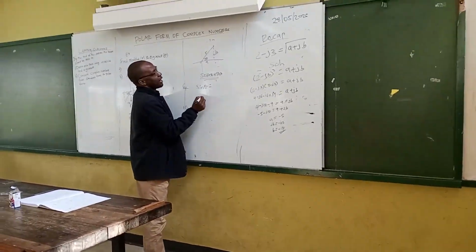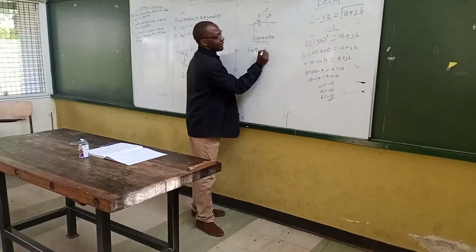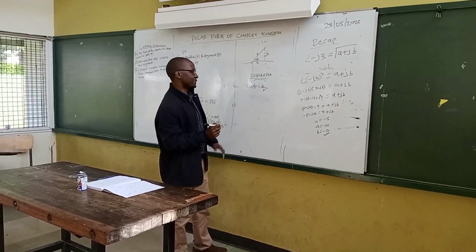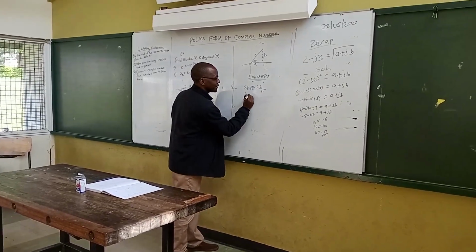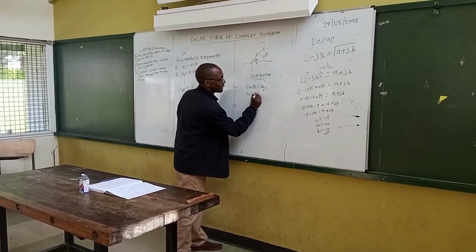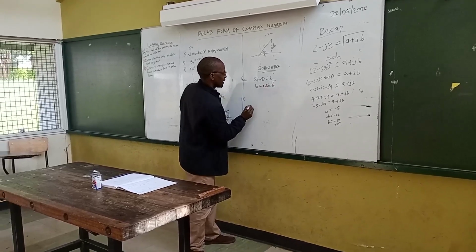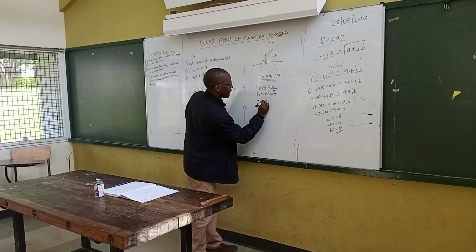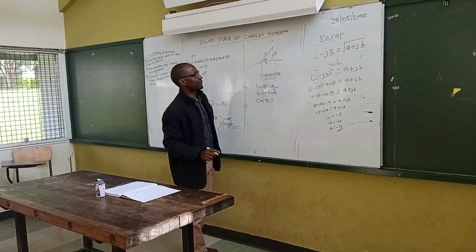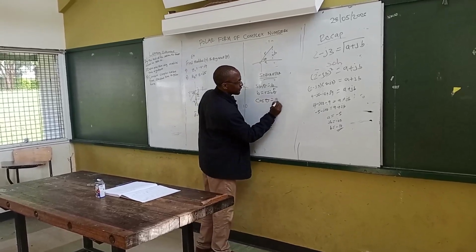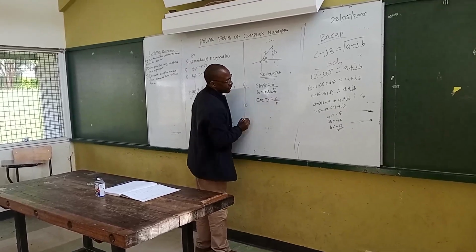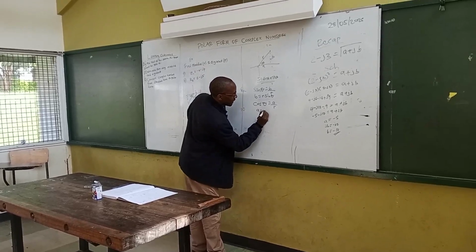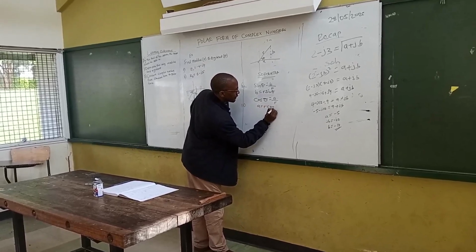In our case, our opposite is B and our hypotenuse is R. We want to make B the subject of this equation. We'll have B equals R sine theta. What about finding cos theta? It will be adjacent over R. Making A the subject of the equation, we'll have A as R cos theta.